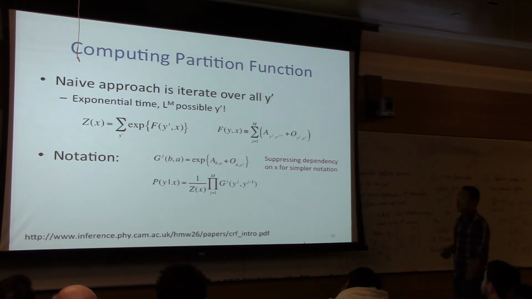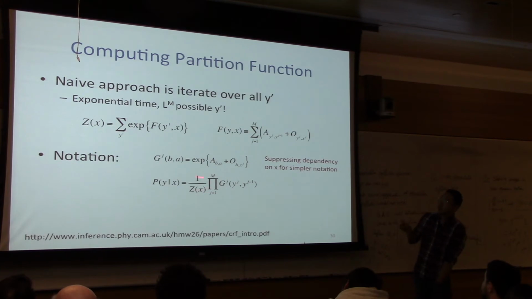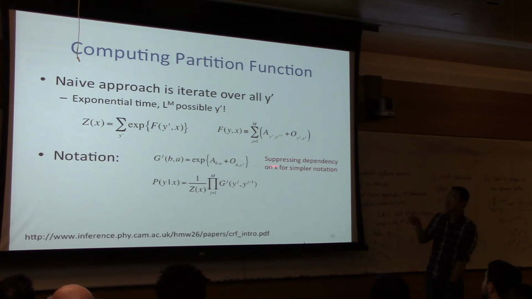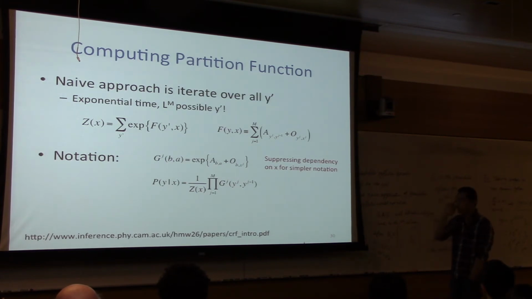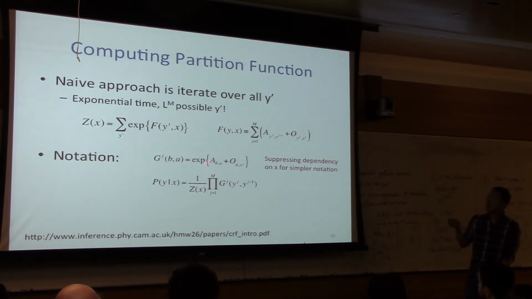Then I can write the probability, here suppressing x for brevity because x is constant in this entire example, the entire sequence. We can write this probability as this, and we can also write the partition function as this.